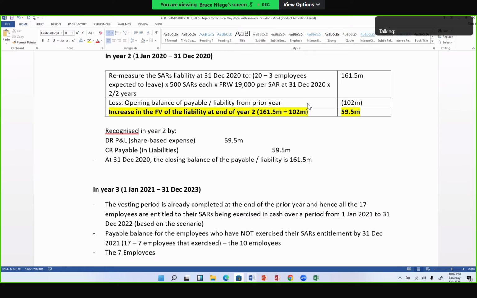The 7 employees that exercised their cash entitlement in the year at 31st December 2021 will give or result in an additional expense to the company. That additional expense, we are going to compute based on intrinsic value of the exercised share appreciation rights.